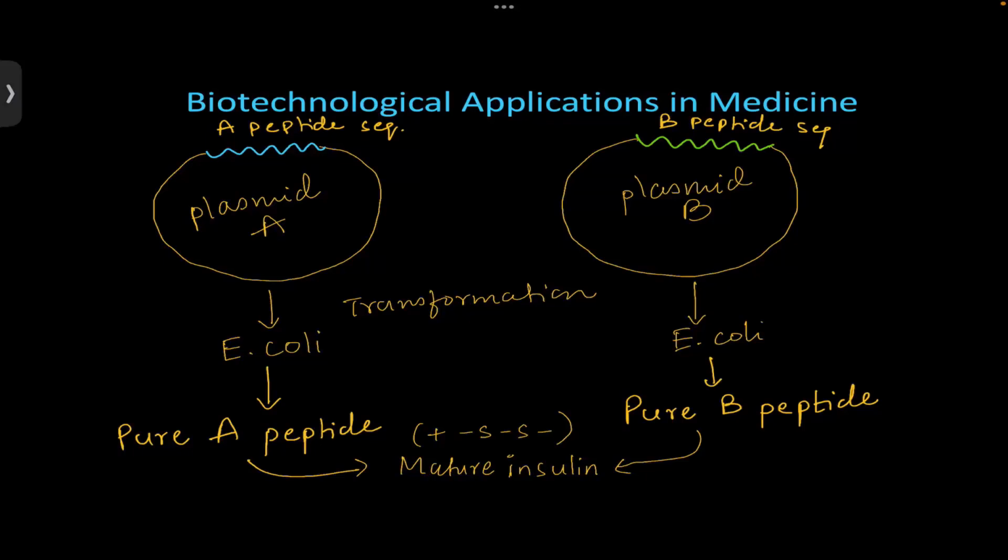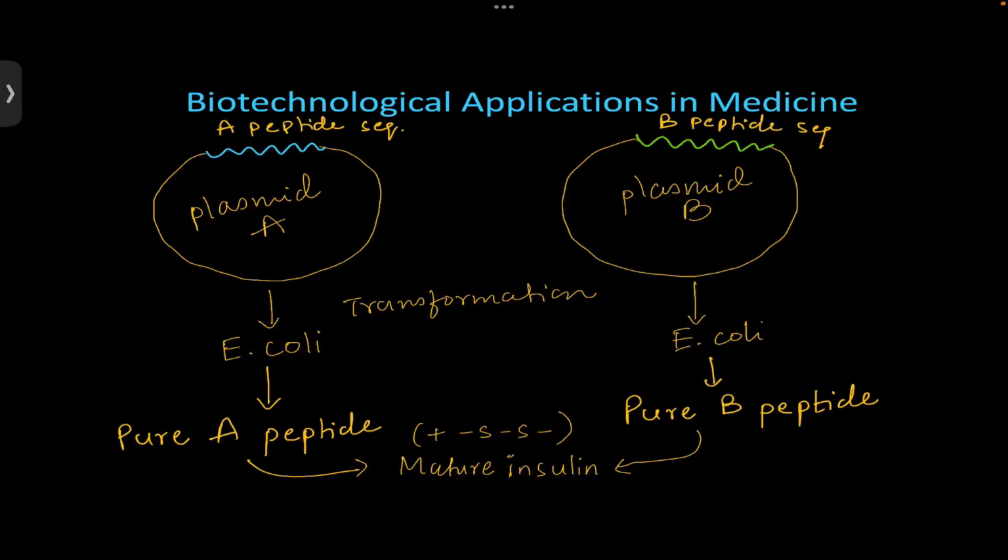So the people in the Eli Lilly company made recombinant insulin. How did they do that? They took plasmid A, and within plasmid A they inserted the sequence for the A peptide. They took another plasmid, say plasmid B, and there they inserted the sequence for the B peptide.